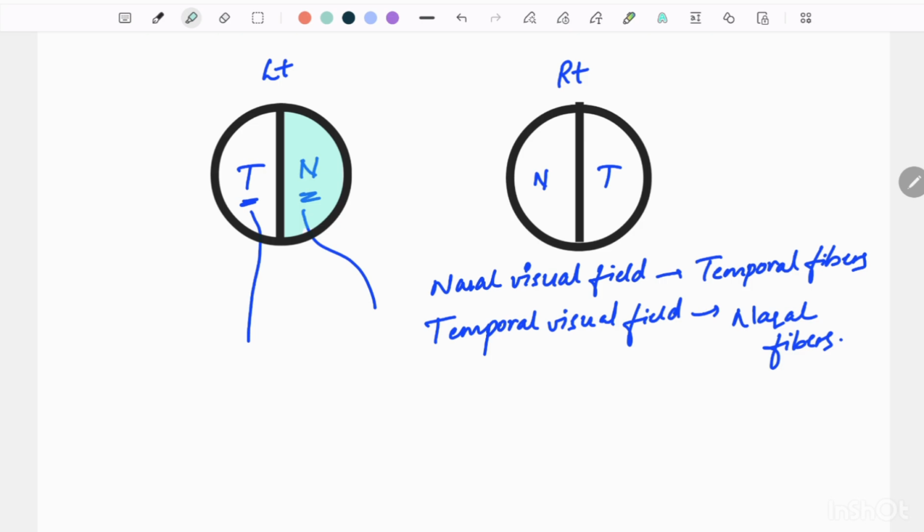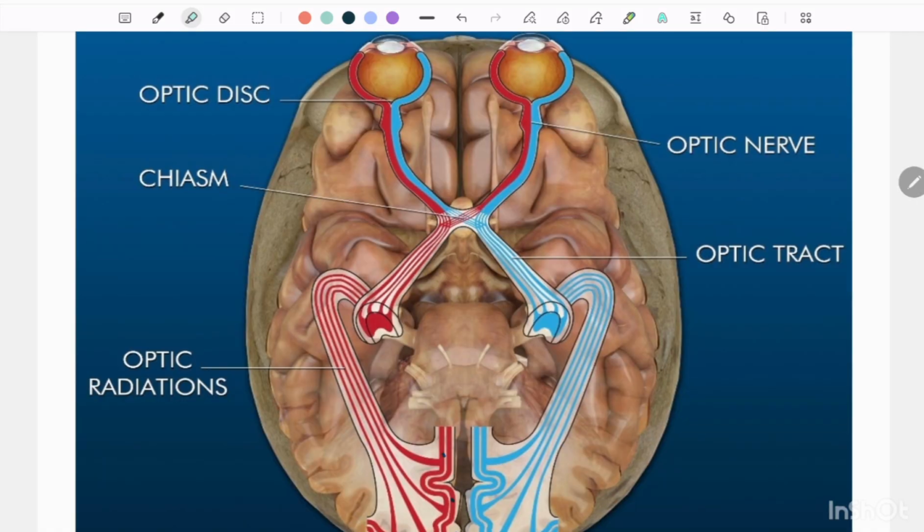Similarly, if I say there is damage in the temporal fibers of the right eye, then the nasal visual field will be lost. Are you getting the point? Remember this because this will be very useful in learning the visual pathway lesions. So with this basic idea, now let's start the actual visual pathway.